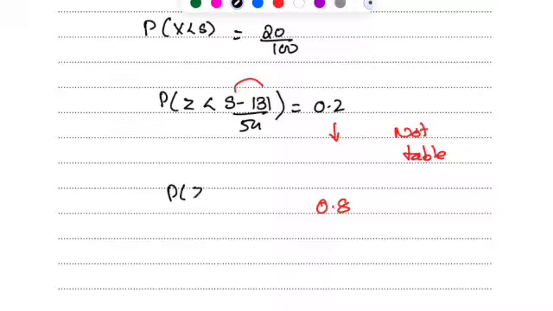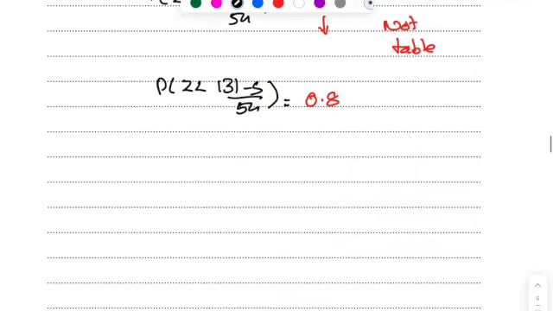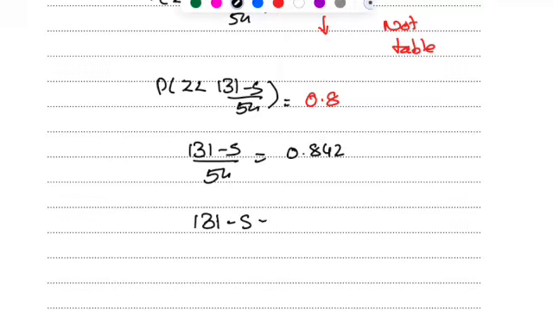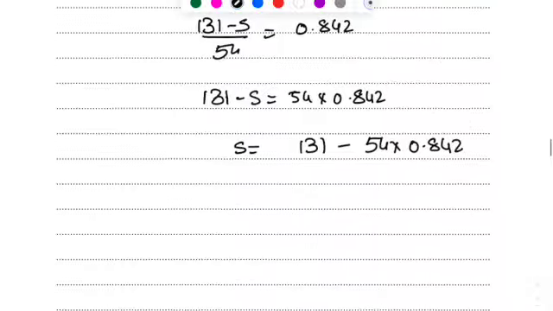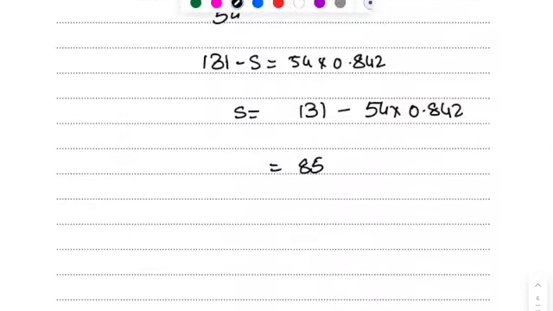So probability of z less than 131 minus s by 54 equals 0.8. Look from the table, 131 minus s upon 54 equals 0.842. So 131 minus s equals 54 times 0.842. So s equals 131 minus 54 times 0.842. This should be giving me the answer as 85.5.